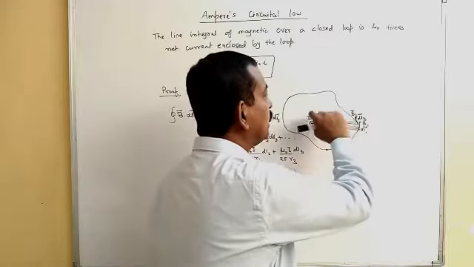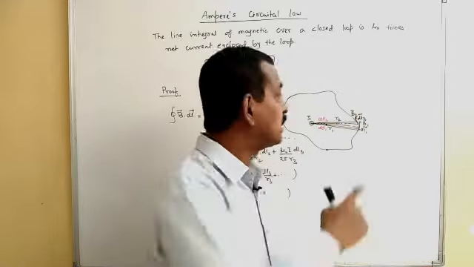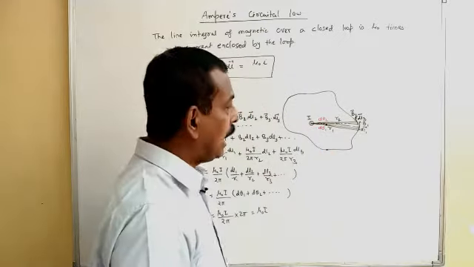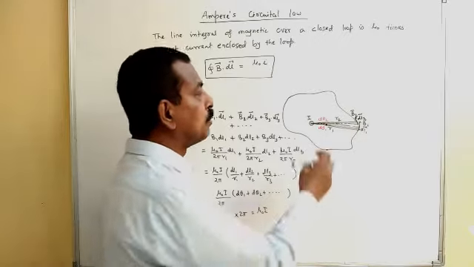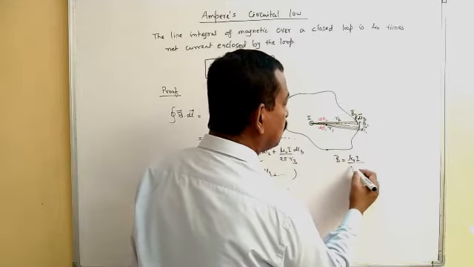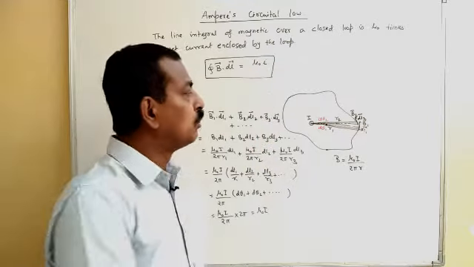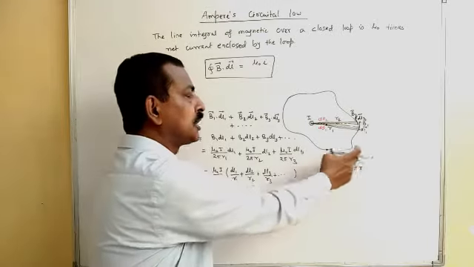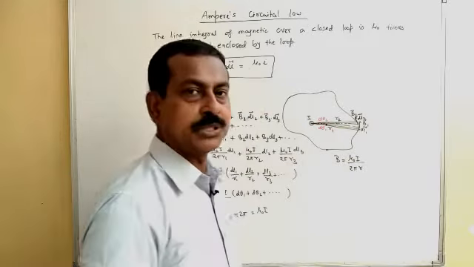That way we can take different points where magnetic field values will be different because they are at different separation from this current carrying conductor. And magnetic field at different points from a current carrying conductor will be given as mu naught I by 2 pi r, where r will represent the separation from the current carrying conductor. This is for a straight wire which is carrying current I, and we take magnetic field at a distance r from it.